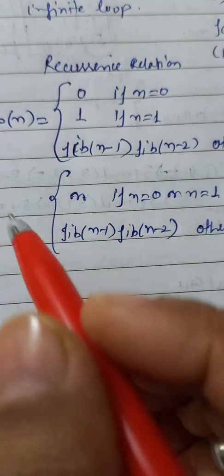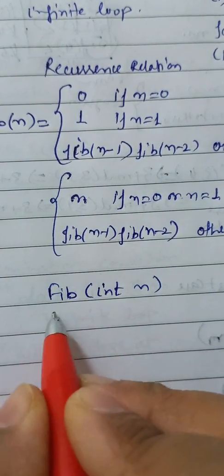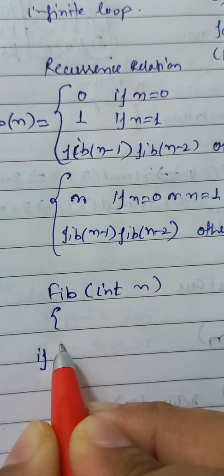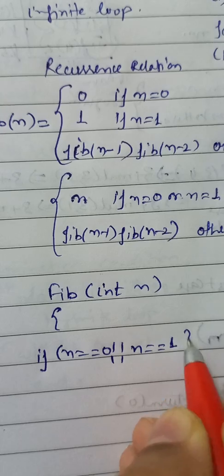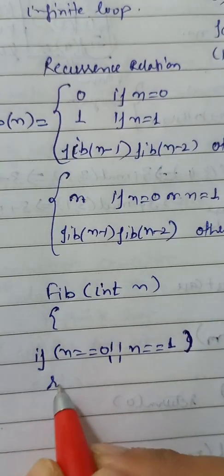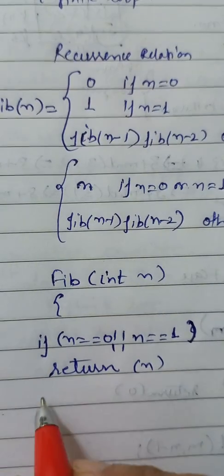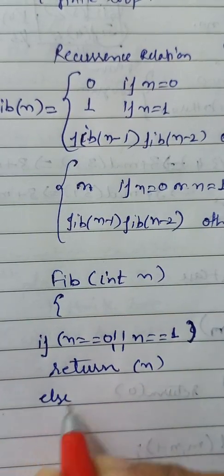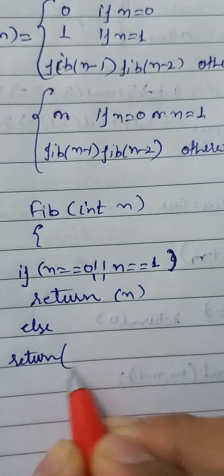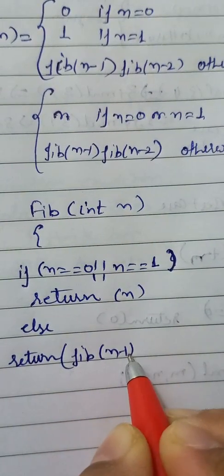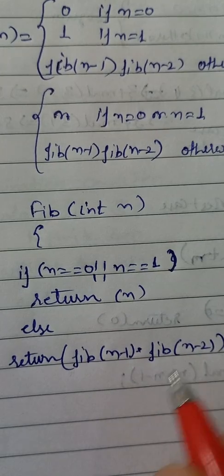And how we can write the program: Fibonacci int n, starting with braces, and we write if n is equal to 0 or n is equal to 1, then return n, and else return Fibonacci n minus 1 plus Fibonacci n minus 2.